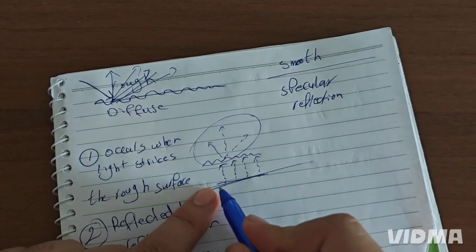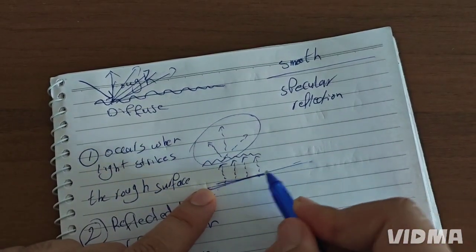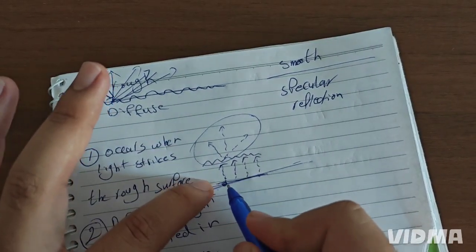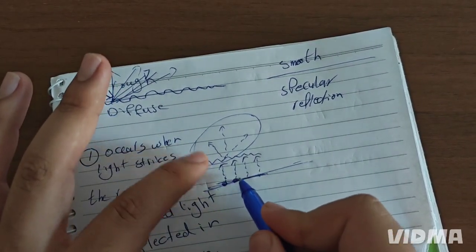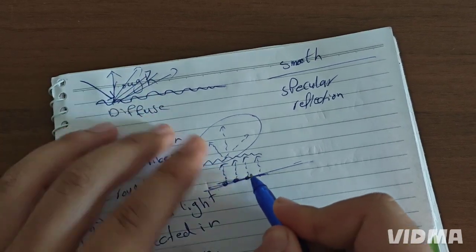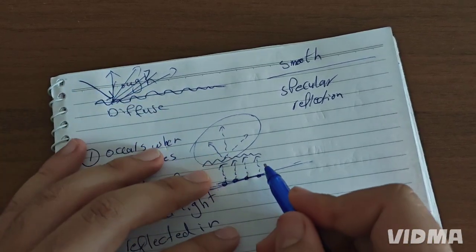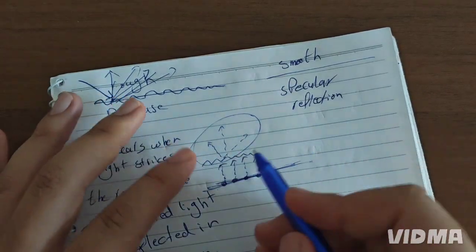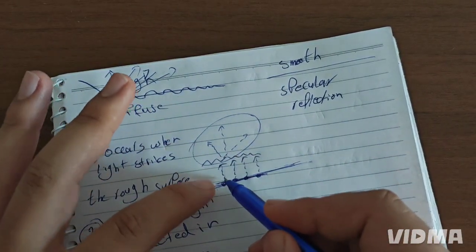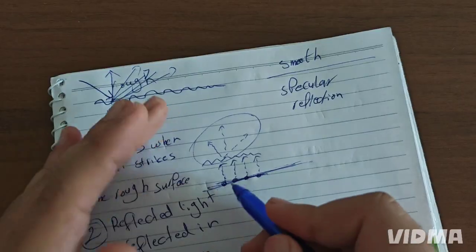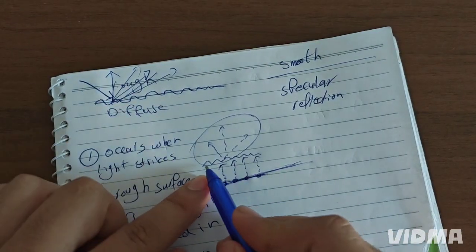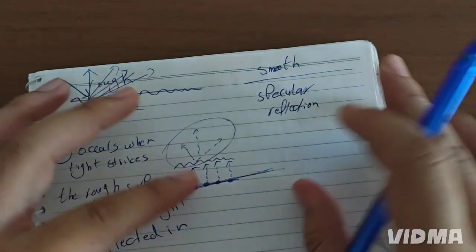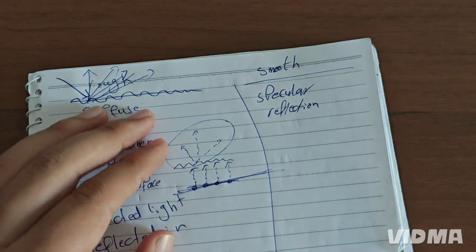If we take each point on the surface, each has this normal line, with the direction up. Because the surface is smooth and straight, the normal lines remain straight and regular, pointing up. But here, because we have a rough surface, this one goes to the left, this one to the right, randomly. So this is about diffuse reflection.